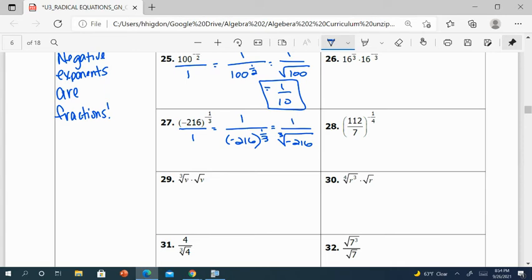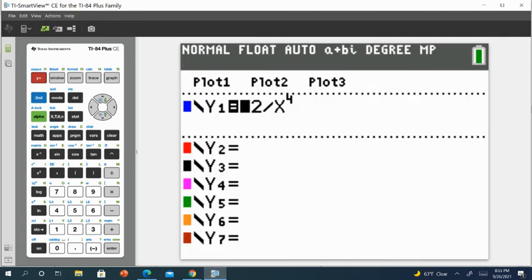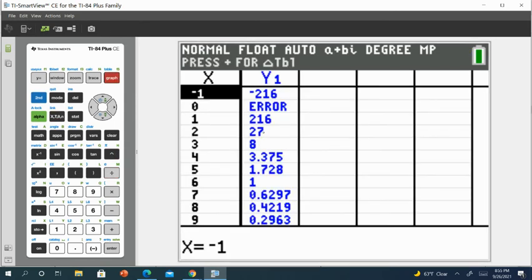Now, the reason why I wanted to show you this is because only the exponent changes signs from a negative 1/3 to a positive 1/3. Notice the negative 216 did not change. So now we're going to do the cube root of negative 216. Again, remember from that first lesson that that means I'm going to have a negative on the outside, and the cube root of 216 is a perfect cube, which is what I was trying to say a second ago.